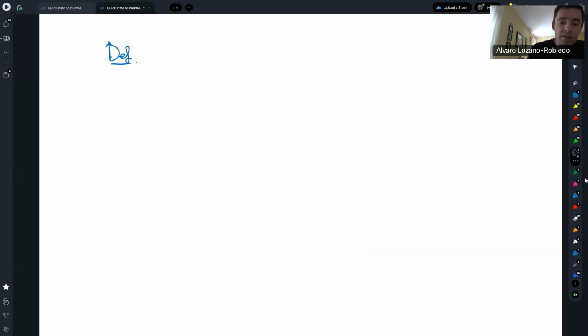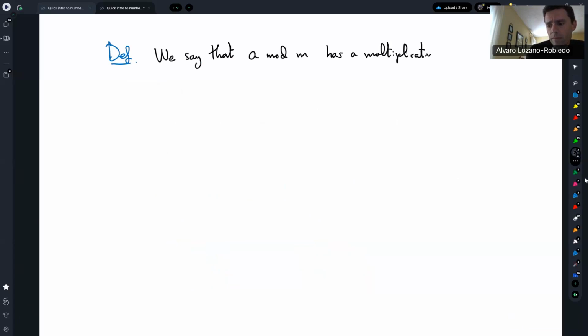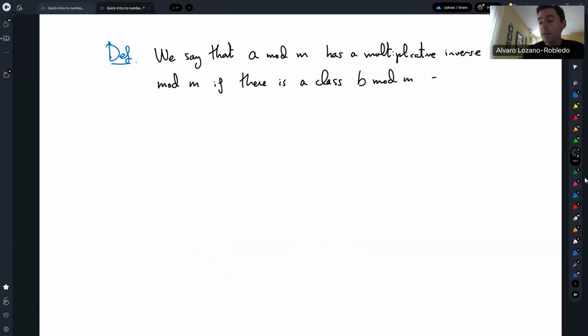So we say that A modulo M has a multiplicative inverse modulo M if there is a class B modulo M, so some integer B, such that A times B is congruent to 1 modulo M.